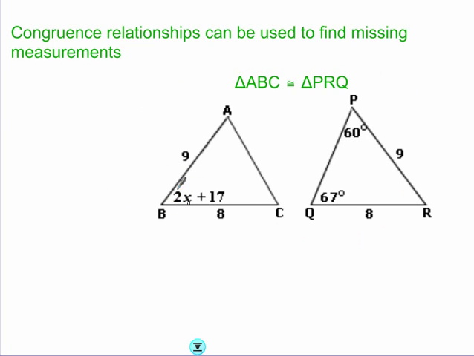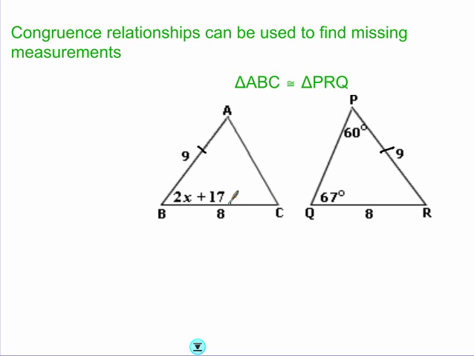So in these two triangles right here, we know that triangle ABC is congruent to triangle PRQ. Now I've got all this missing information here, and it's pretty easy to fill out. If I want to find out, for example, what 2x plus 17 was, I can use my information. I know that PR is congruent to AB, both from the name and from the fact that they both have a 9.